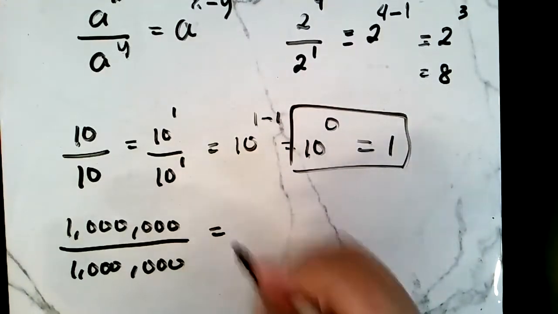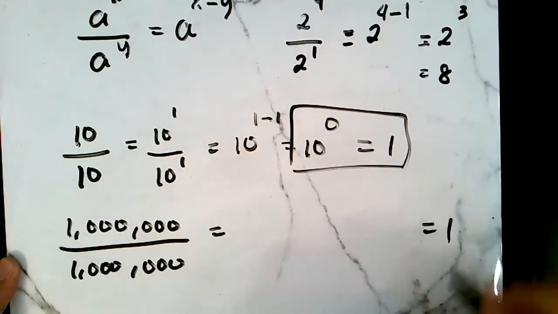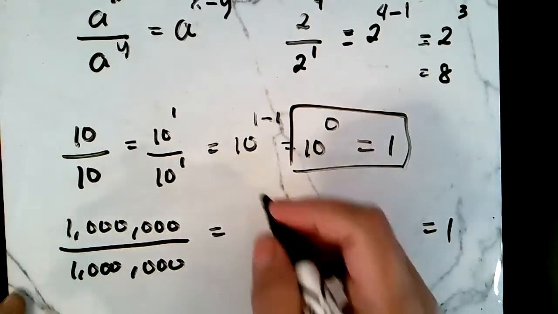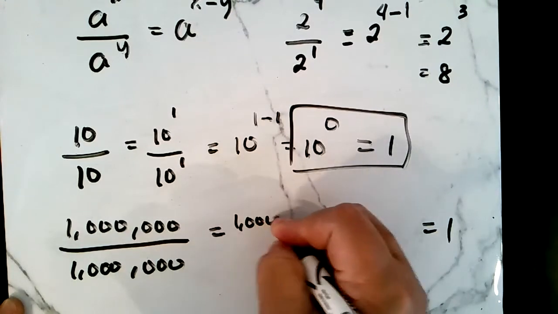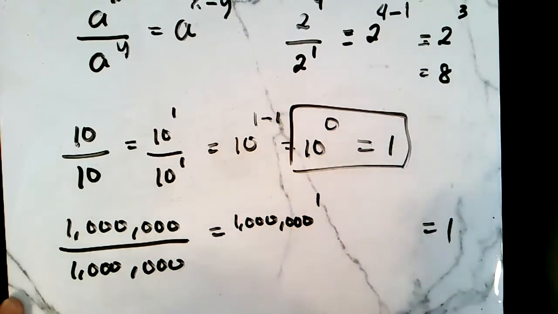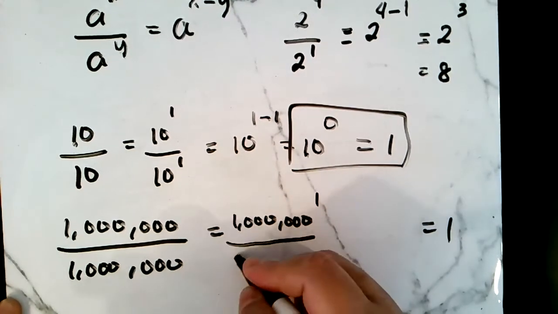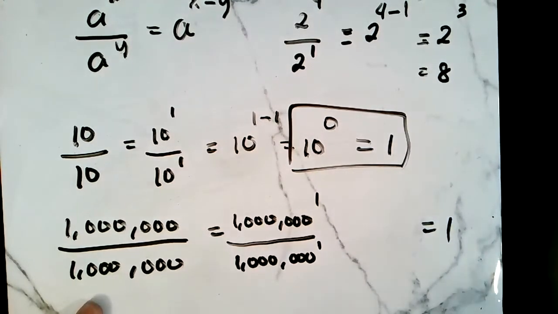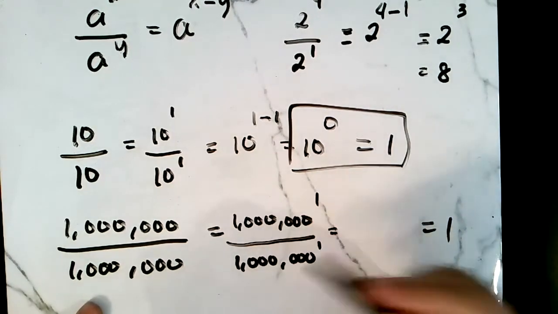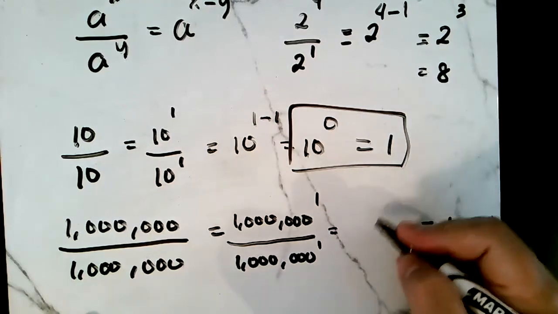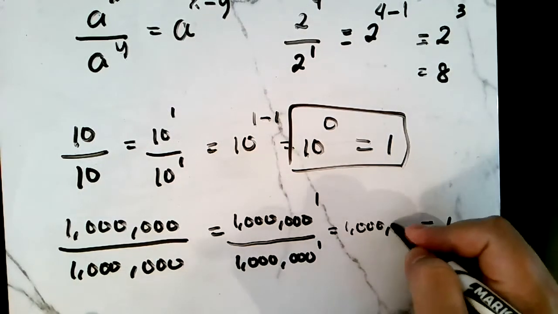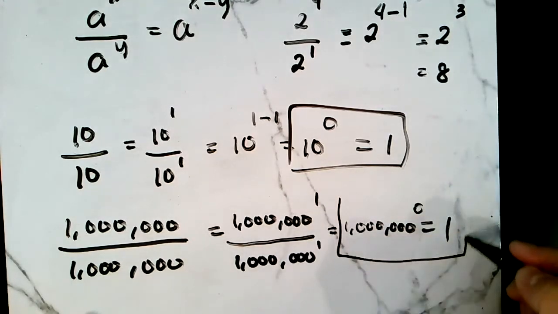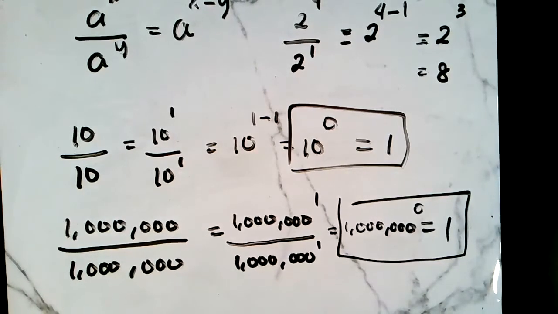We know that is equal to 1 already, but using the law of exponents, this can be rewritten as 1 million to the exponent of 1 over 1 million to the exponent of 1. We have the same base, which is 1 million, so let's just copy that, and 1 minus 1 is equal to 0. So 1 million to the power of 0 is equal to 1.